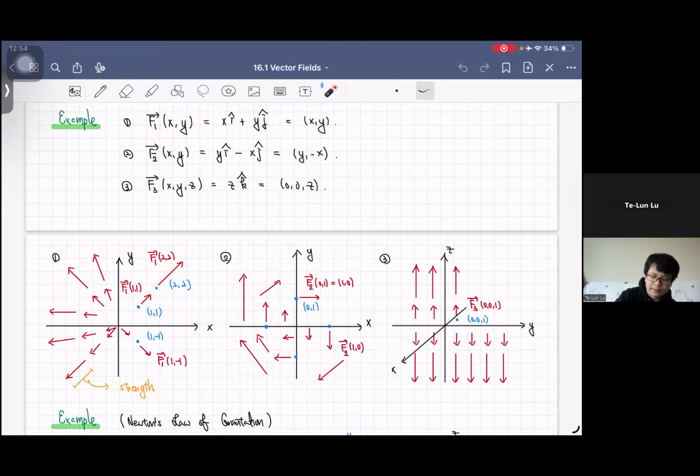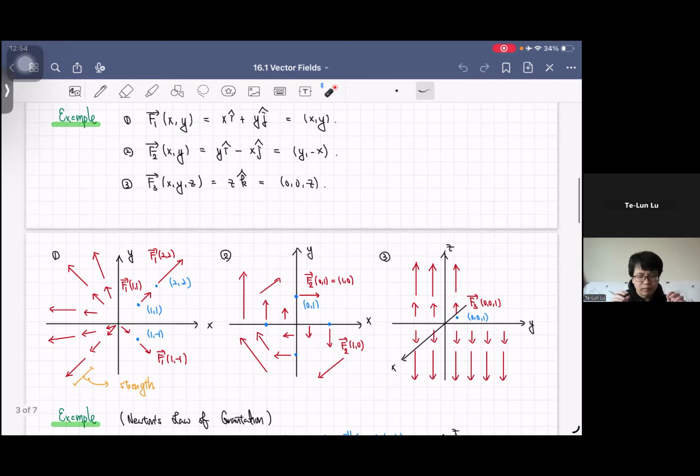If we assign the points to the vectors and draw it out on this Cartesian plane, we see a blowing outward vector field. When a point is far away from the origin, the vector field is stronger. The strength of the vector field increases when the position is away from the origin.